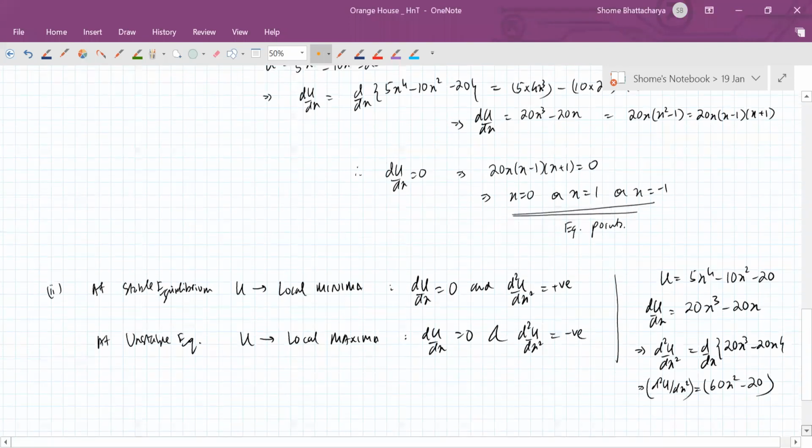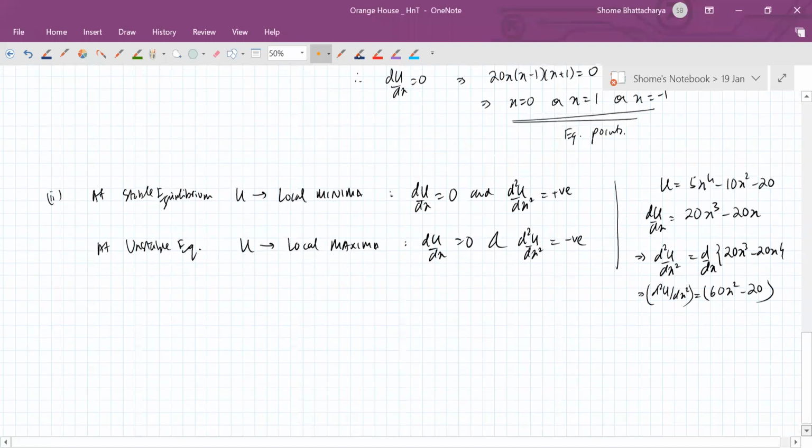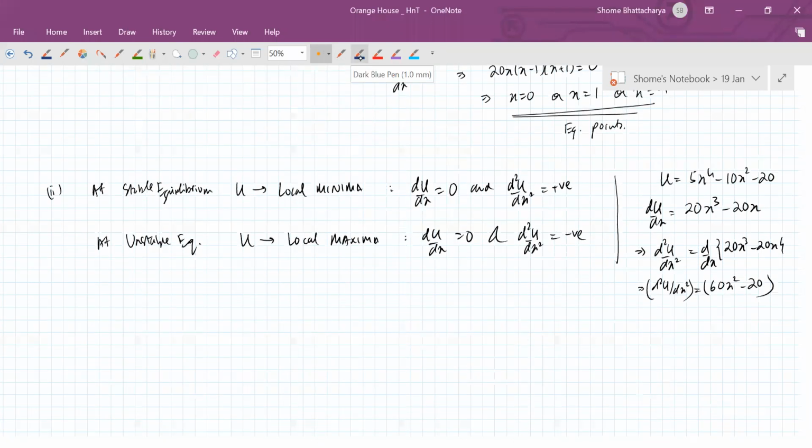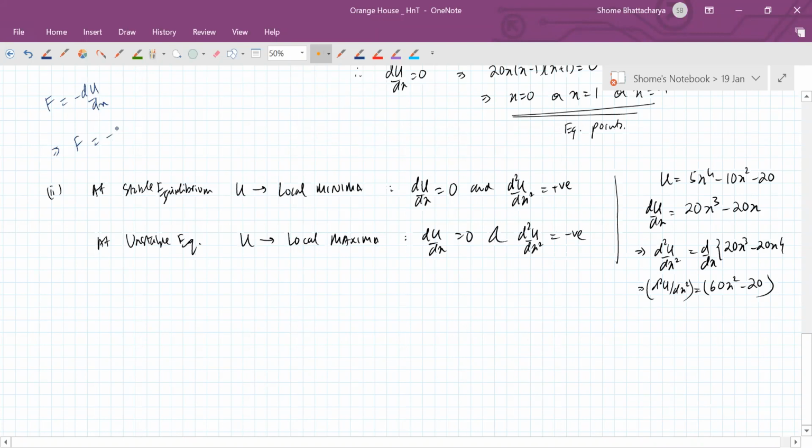If I want to calculate force at some point, then I obviously have to calculate the force. That is minus du by dx. That's fine. So the force at any point is minus of 20x cube minus 20x. So it is 20x minus 20x cube.